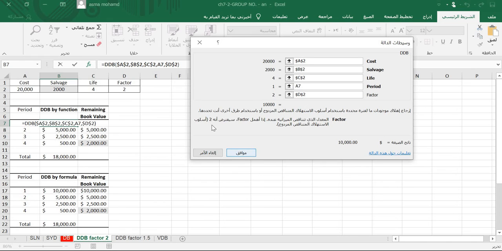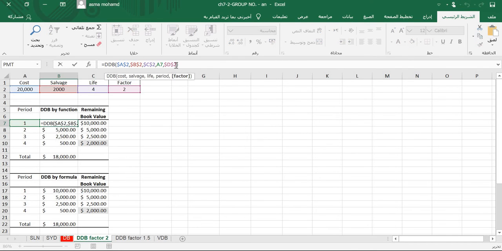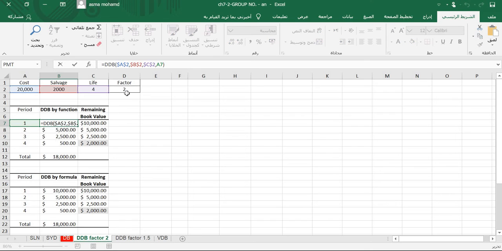Excel will add 2 as a default. So whether we add it here or we omit it, we will have the same result, because it's already by default 2 and our factor is 2.